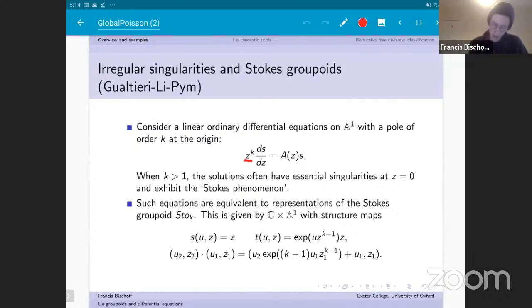Yeah, so I guess the answer here is that it wouldn't work, and the reason is that the Stokes groupoids involve non-reductive groups. This one is not algebraic, but there is an algebraic groupoid, and if you look at the isotropy group there, it's a unipotent group.